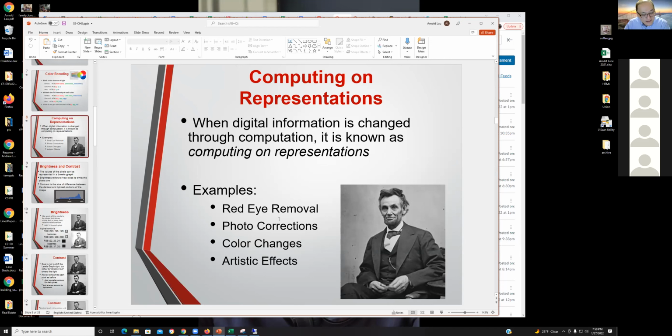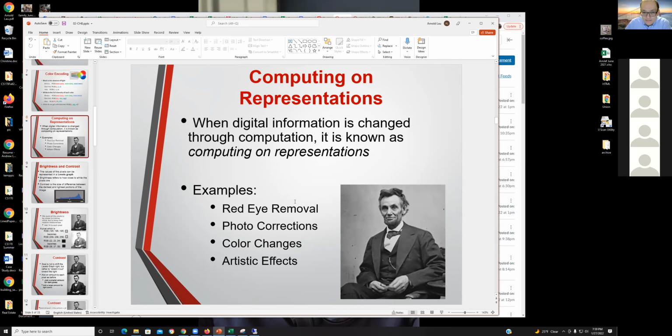I guess the latest Android actually removes people from the pictures for you automatically. So whatever effects you can think of, it's so much easier once it's represented digitally compared to what it used to be, on film and analog.